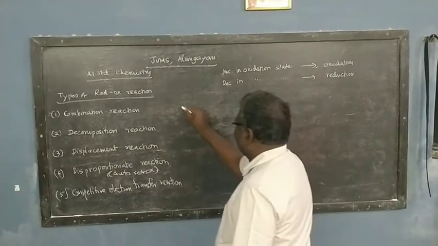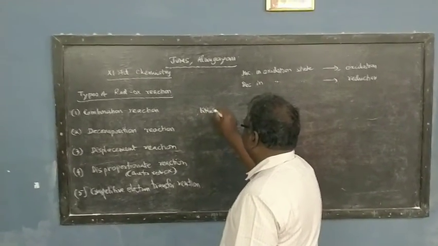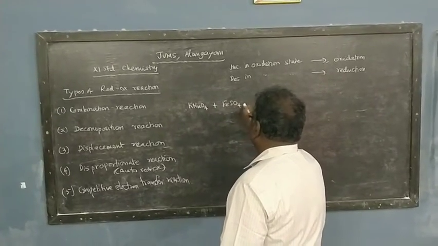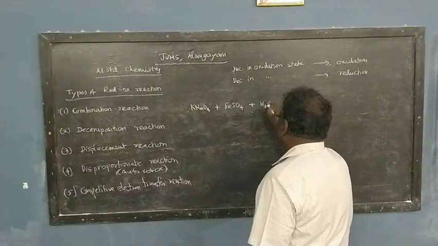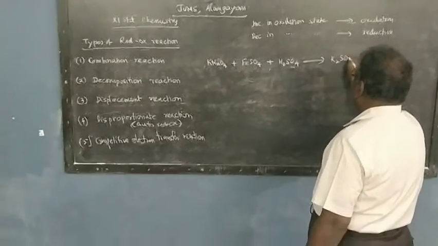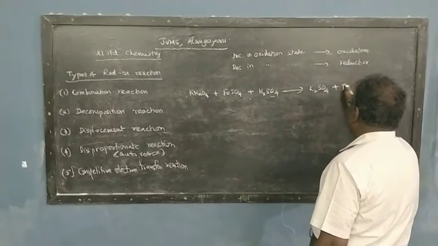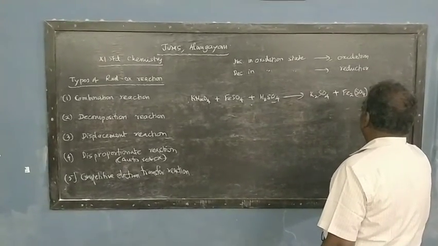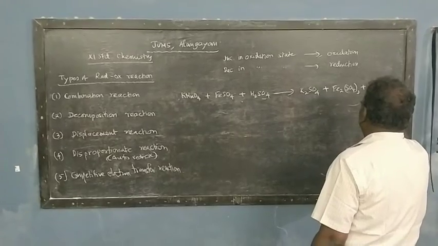For example, if you take this reaction, potassium permanganate reacts with ferrous sulfate in the presence of sulfuric acid to form potassium sulfate, ferric sulfate, manganese sulfate, and water molecule.